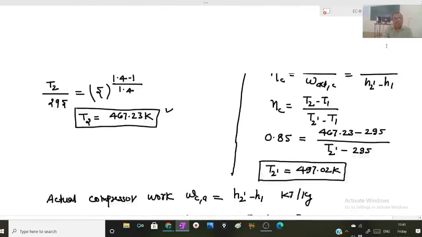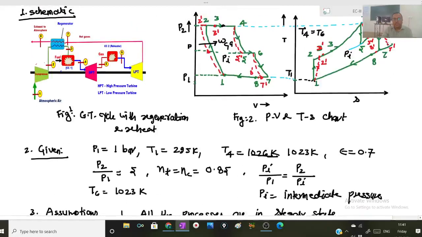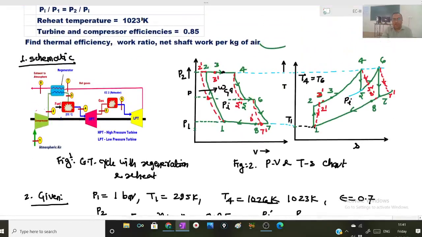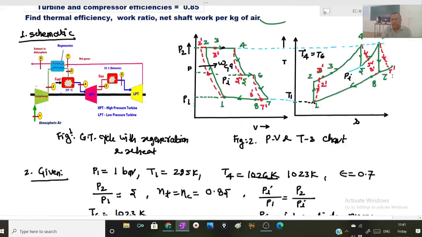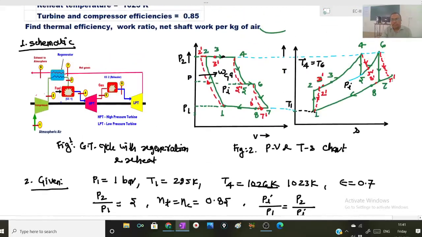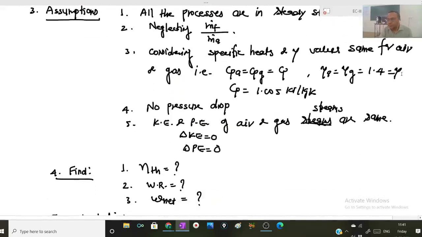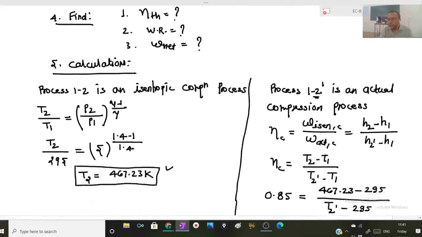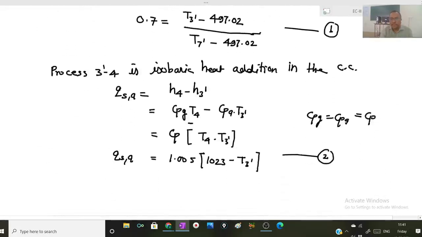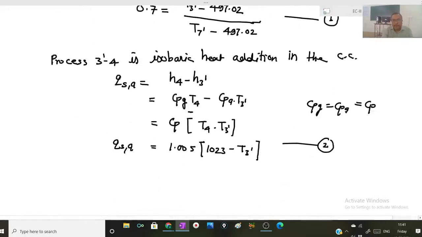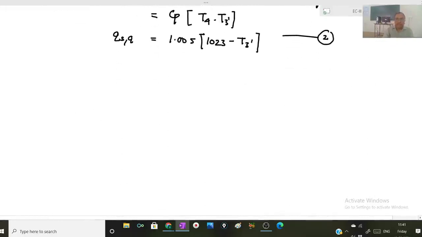Now next let us consider the process 4 to 5 dash. Okay. And after that 6 to 7 dash. See, I am going process by process.